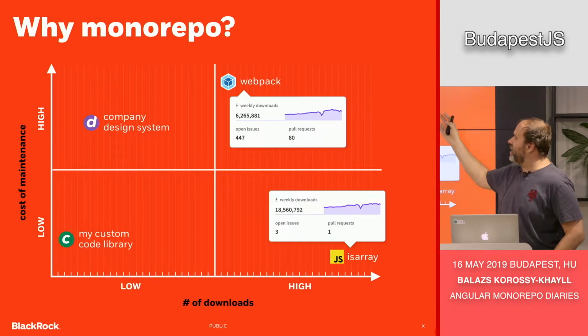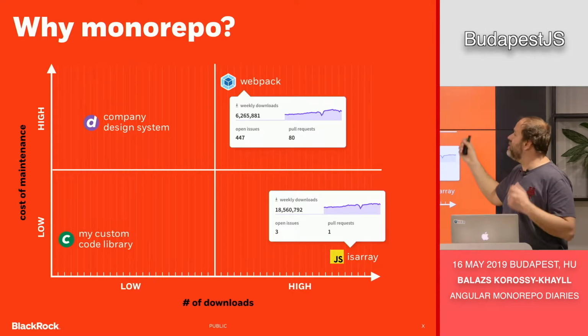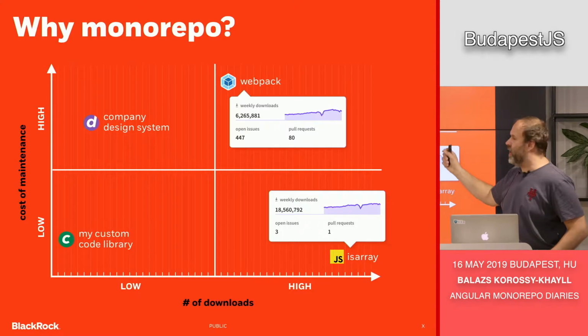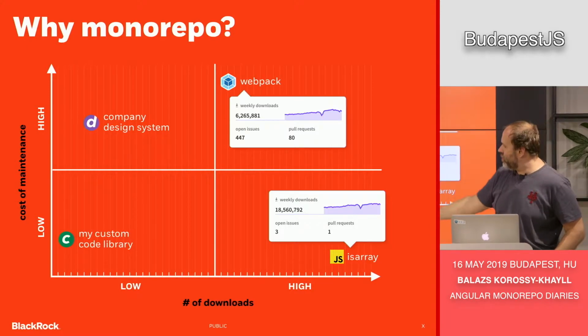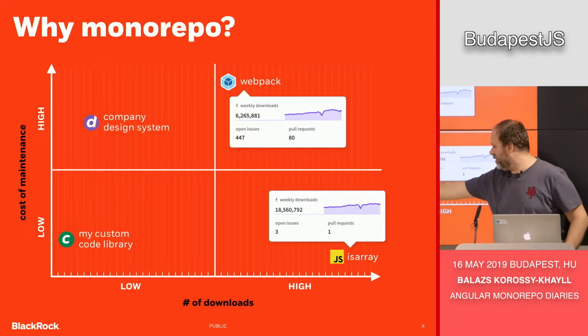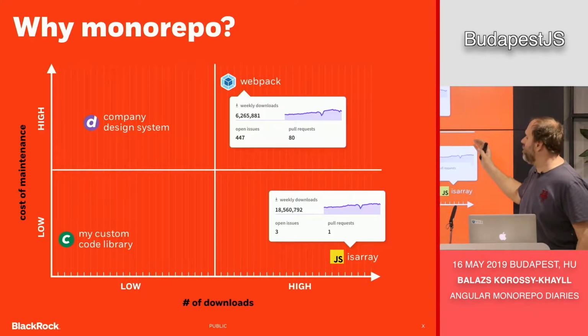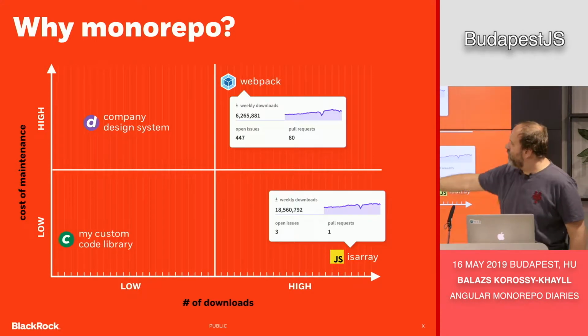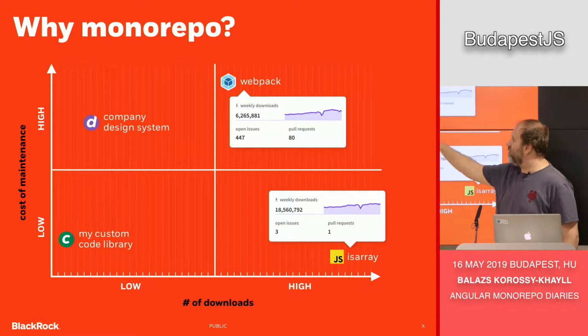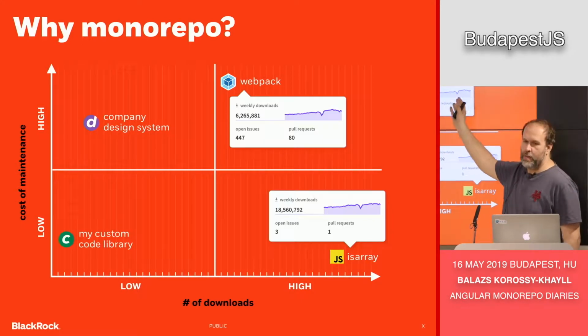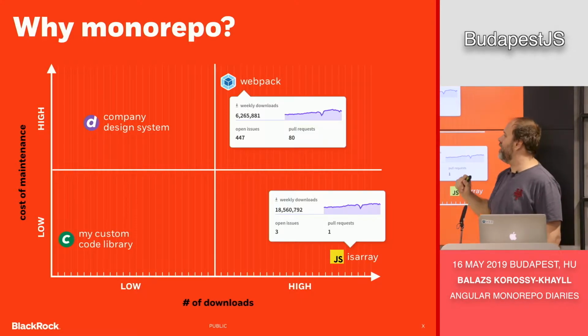But Webpack has a high maintenance cost. It's a complicated system, but it has a high number of downloads. So that's what you can see on the x-axis of this diagram. And on the y-axis, you can see the cost of maintenance. So Webpack has a high number of downloads, and it has a high cost of maintenance.